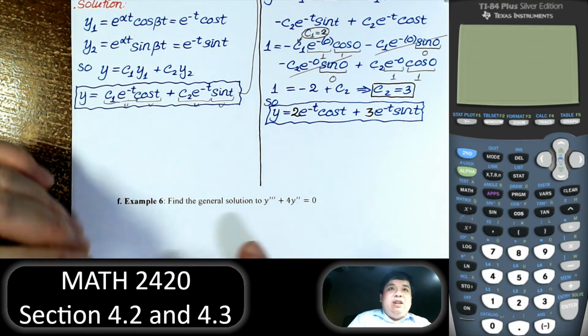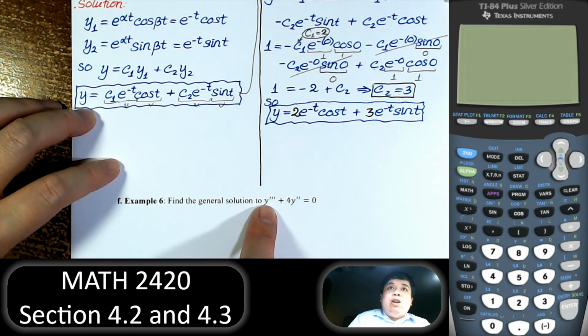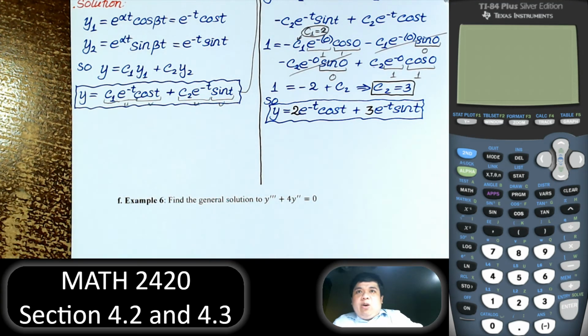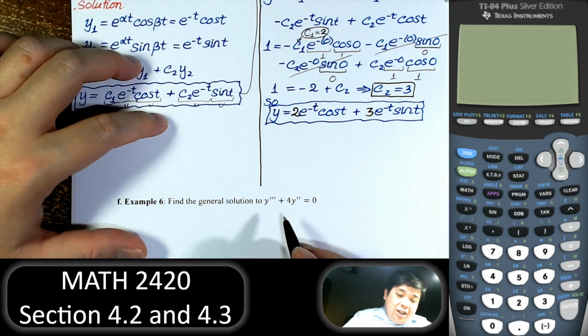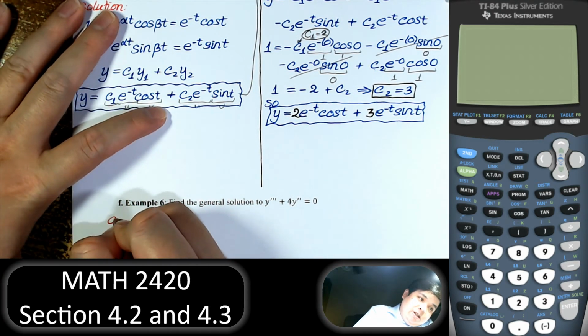Now we have something more. Find a general solution for the third derivative plus 4 times the second derivative equal to 0. We will do this in chapter 5, but for now we can write the auxiliary equation.